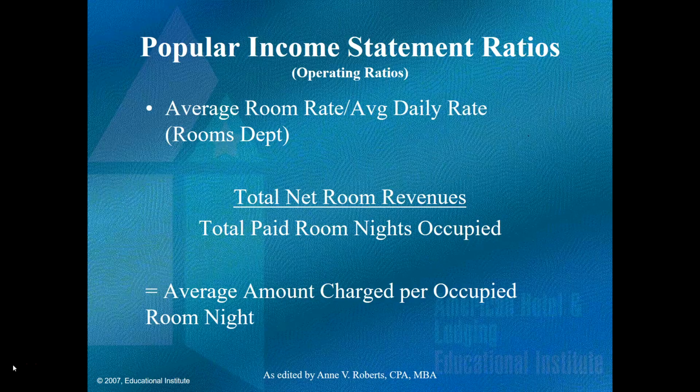What this ratio is actually getting you to evaluate is how much did we actually charge per room night. So on average, when people came in and rented out a room, how much did they pay per night that the rooms were actually rented out?